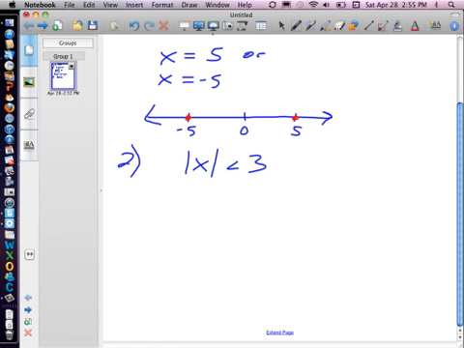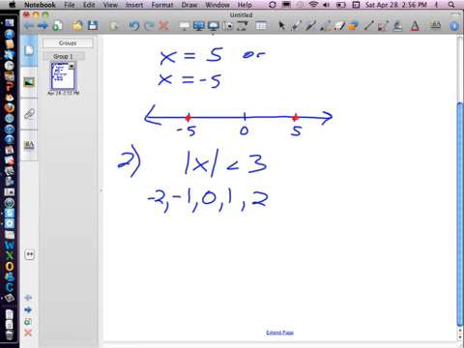So integer wise, x can be 2, it could be 1, it could be 0, it could be negative 1, it could be negative 2, and we have to stop there because it cannot be negative 3, because although negative 3 itself would be less than 3, the absolute value of negative 3 is 3, which is not less than 3.